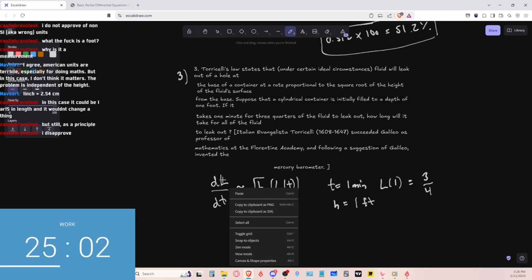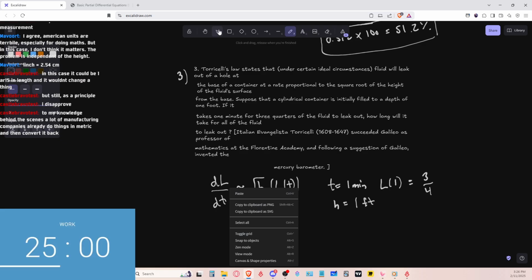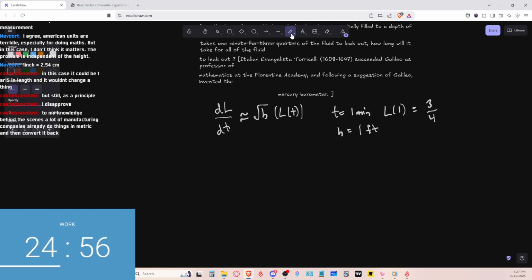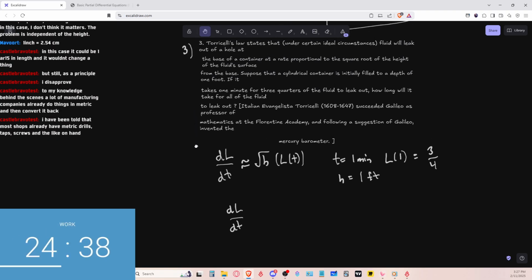Then we're gonna have to do the same thing, I guess, with this problem. The one thing that's confusing me is, is the height actually 1 foot, or is that just based on my assumptions?